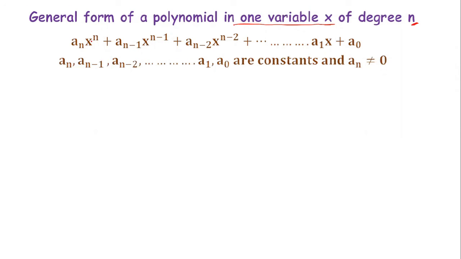The general form looks a little complicated, but it is very easy, because an minus 1, a1, a naught are constants, so we can write any number in the place of an minus 1, an minus 2.